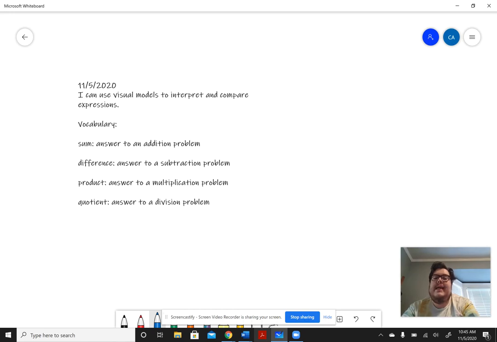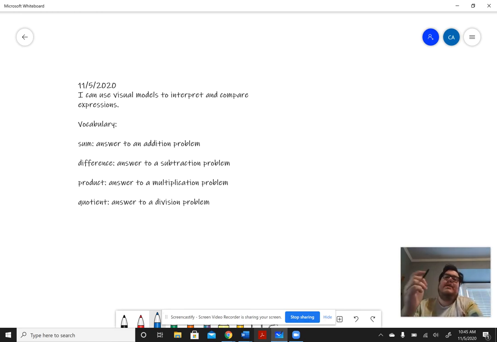Product is the answer to a multiplication problem. And quotient is the answer to a division problem. All right, that is the vocabulary that we are going to be seeing a lot of today.